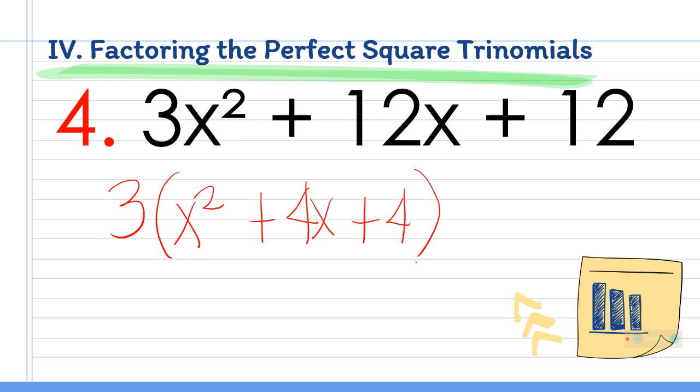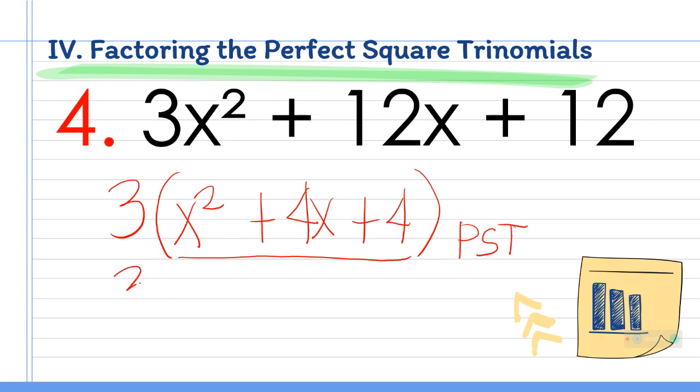So let us see if the given polynomial factor is an example of a perfect square trinomial. Do you think it is a perfect square trinomial? Yes, because the first term and the last term are perfect squares. And if you are going to get the square root of those and multiply it by 2, you will have 4x. Therefore, we can now proceed.